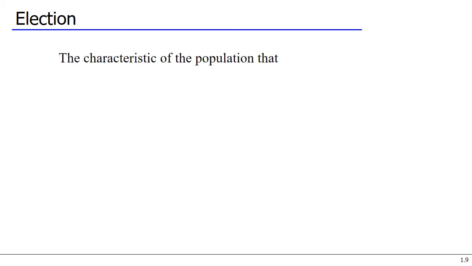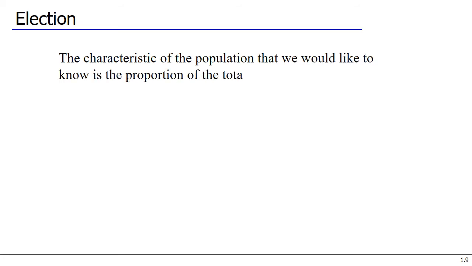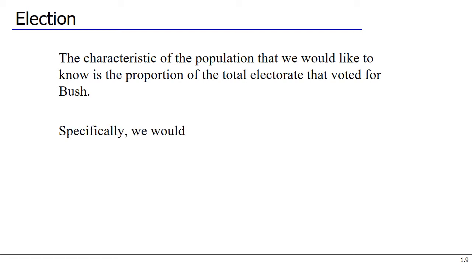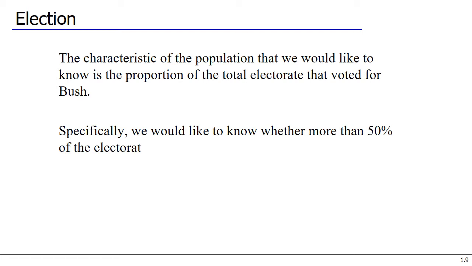The characteristic of the population that we would like to know is the proportion of the total electorate that voted for Bush. Specifically, we would like to know whether more than 50% of the electorate voted for Bush, counting only those who voted for either the Republican or Democratic candidate.